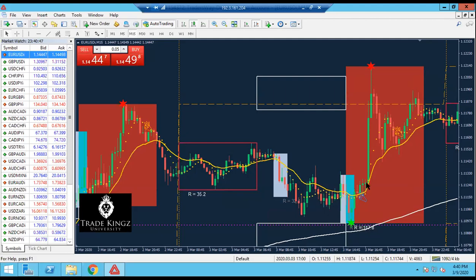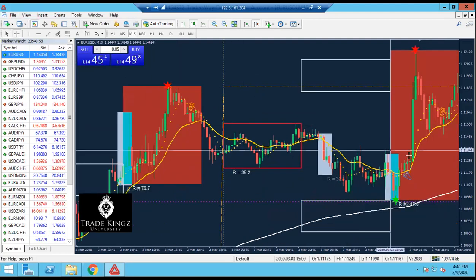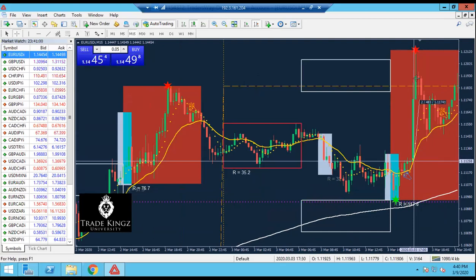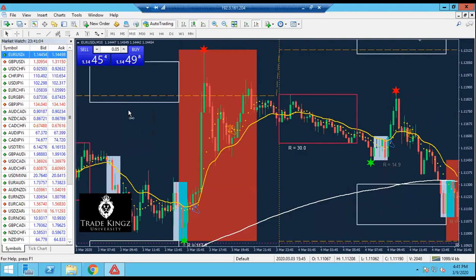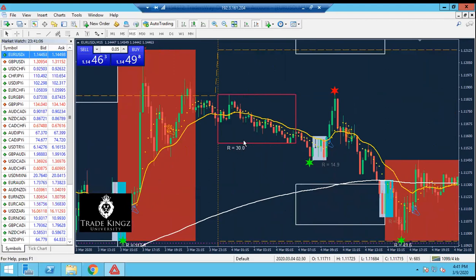Yeah, you could have took it maybe here. You got some dojis here. This might have been news, so be careful trading during news. 60-something pips there. This got kind of tricky here.